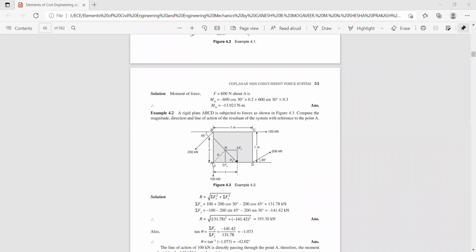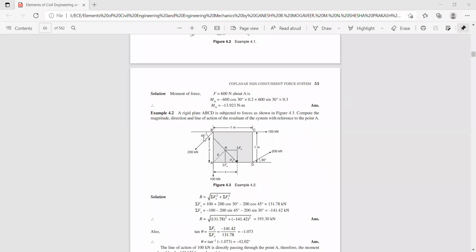Now, first you select the reference axis about this point, X and Y. This point A becomes the origin of the reference axis, and this is my X axis, and I have considered the Y axis like this. Now here, how many forces do you have?